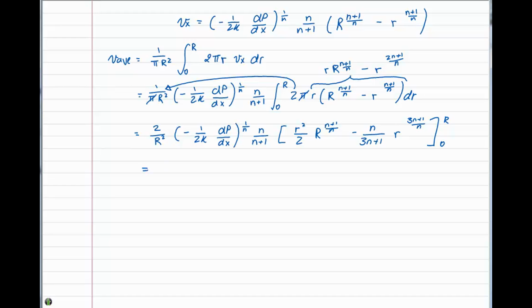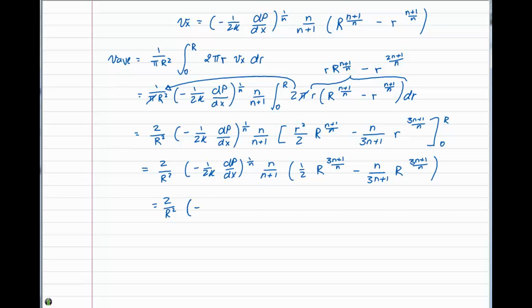And now we're going to fill in the border conditions. So we go from the center of the pipe to the pipe wall, which is at the radius r equals big R. As you can see, we're only left with big R's, and we can add those together.